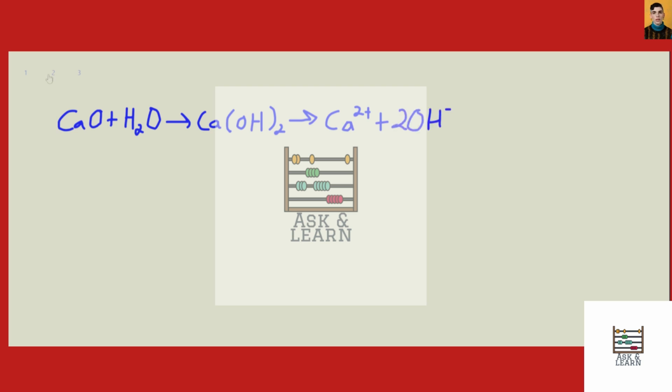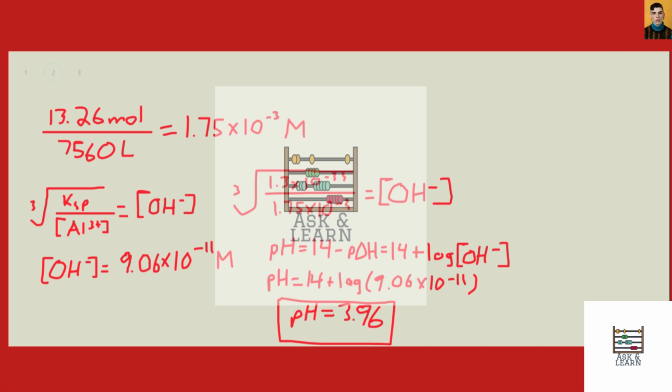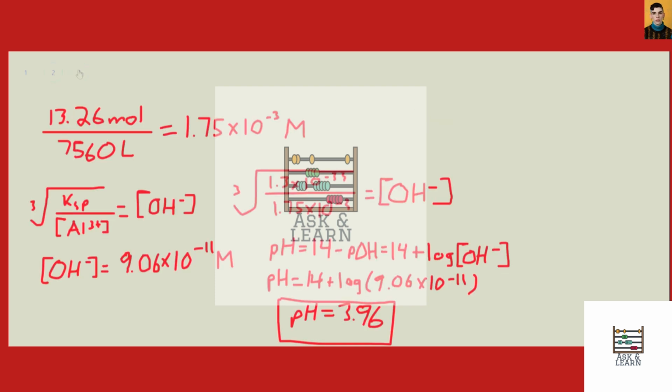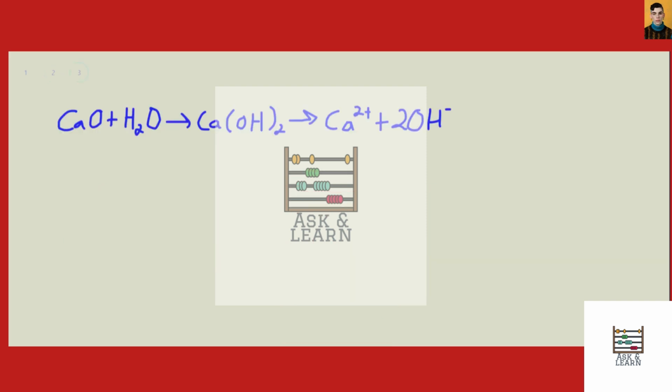So we know the concentration of hydroxide that we have. That's going to be 9.06 times 10 to the negative 11th.